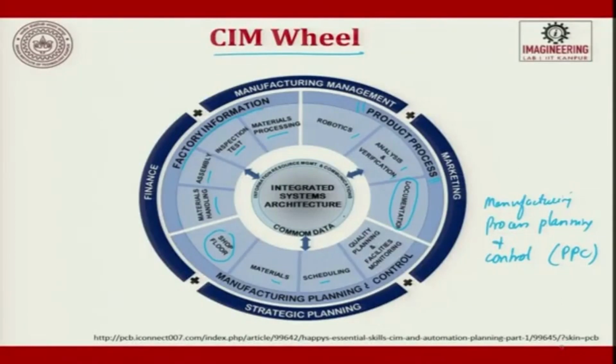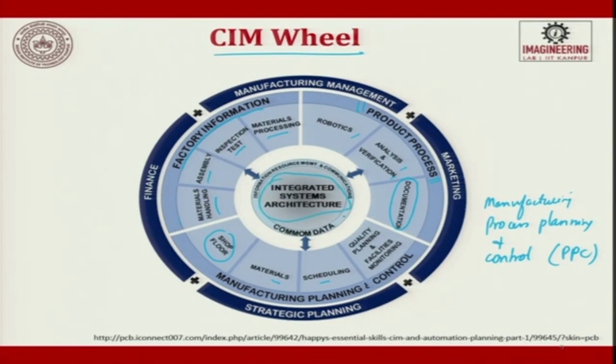Today when we talk about car assembly, we are also interested to know which machines are involved, what is the status of those machines, who all the operators are. All that information is stored, and that is called documentation. All these things are integrated at a central place which is common data. So, this is called the integrated system architecture.